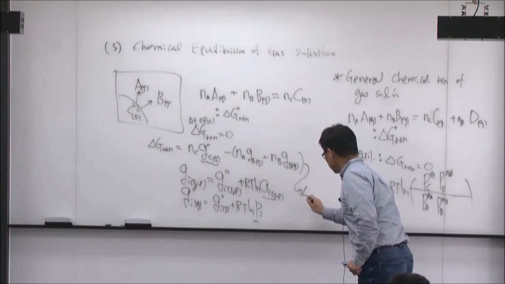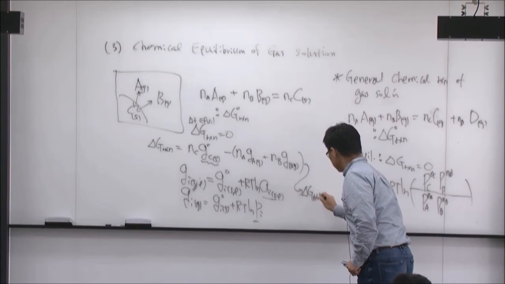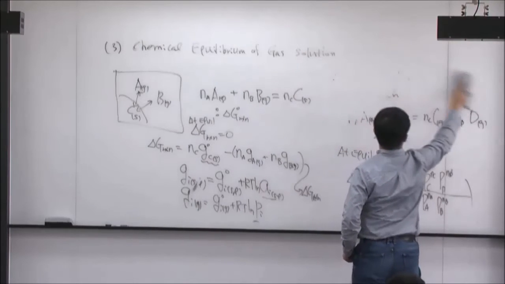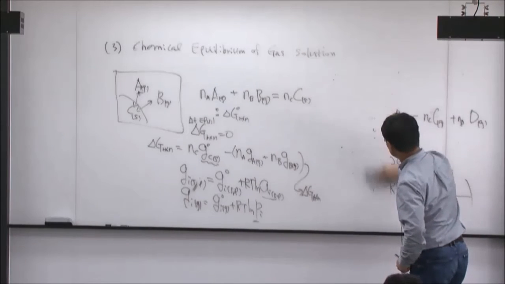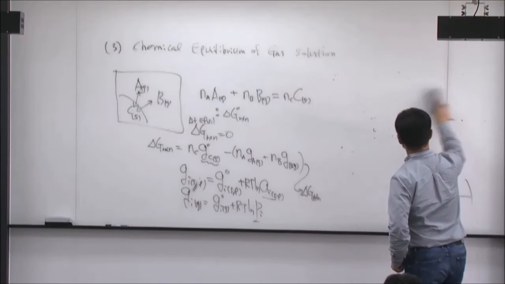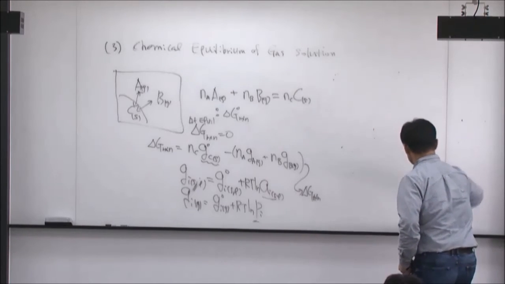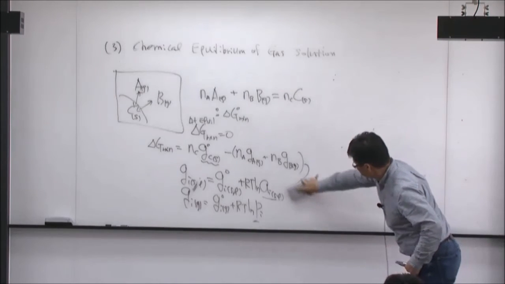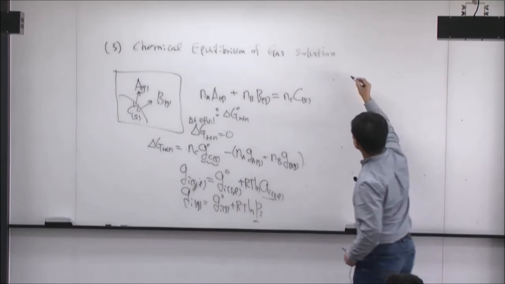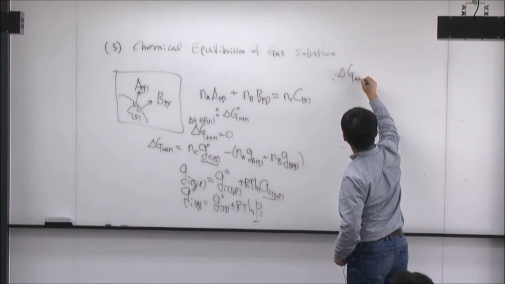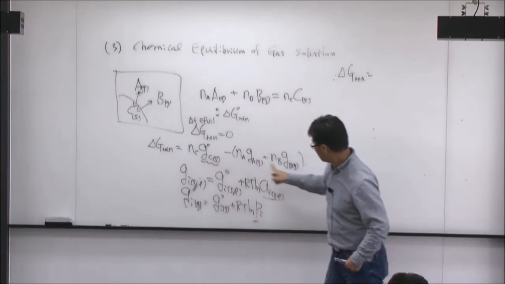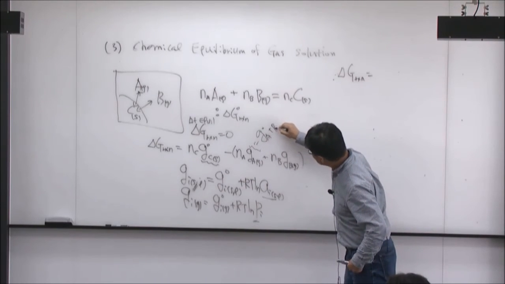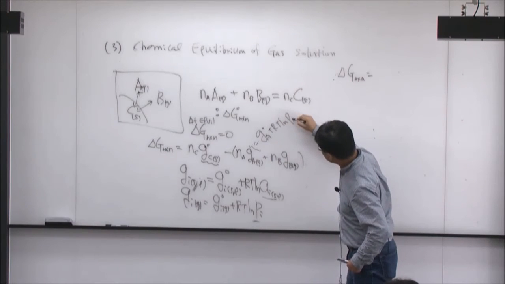if you take this delta G of reaction, I'm only taking the pure one, because this is GA naught plus RT ln PA, yeah?